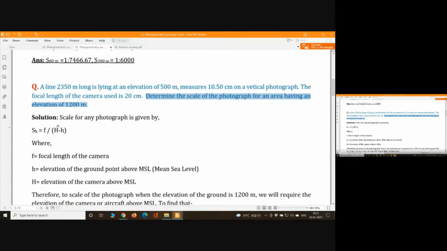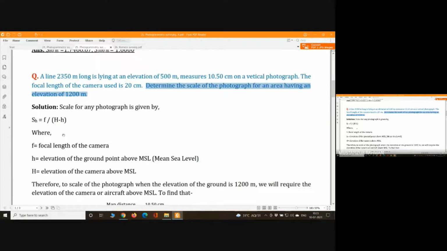So we have the same formula. The values given to us: f, focal length, is given. Capital H, we do not know. Small h, RL of the ground, is 500 meter, given. And scale, how can we find the scale? It is given that the original distance on the ground is 2350 meter, and the distance in the photograph is 10.50 centimeters.